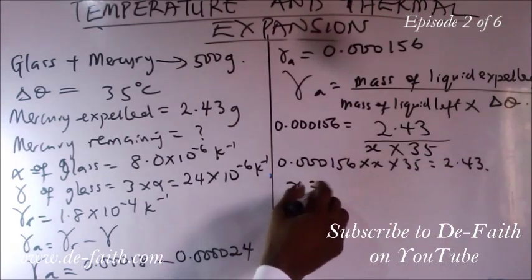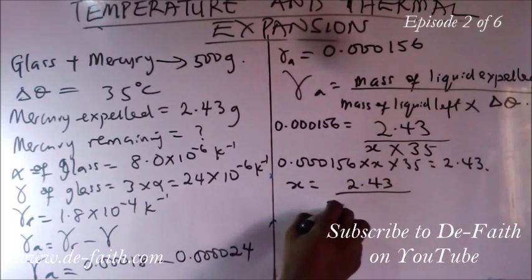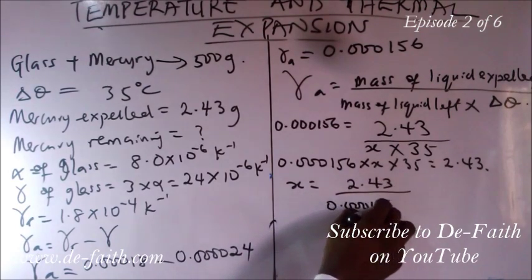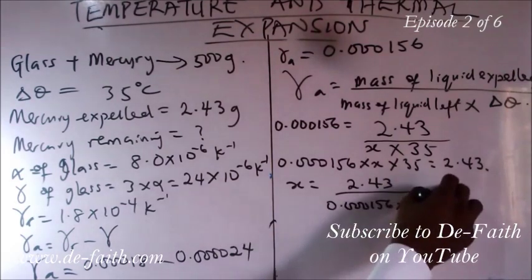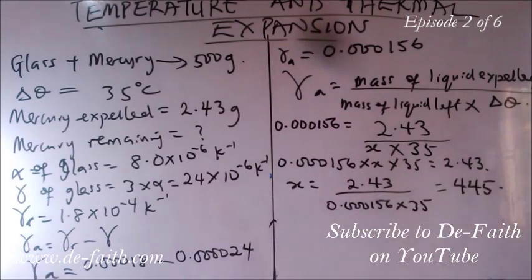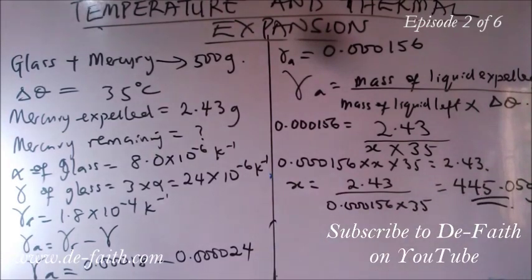Making x the subject, we'll have 2.43 divided by 0.000156 times 35, and so we'll be left with 445.05 gram. So here is the mass of mercury remaining after it was heated.